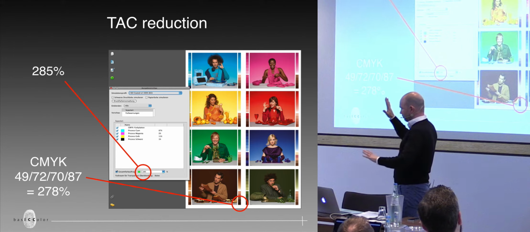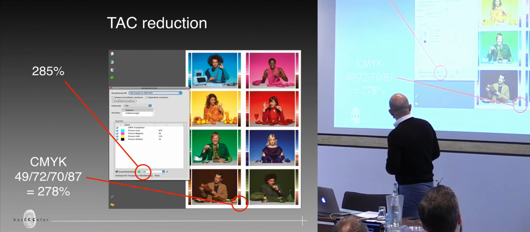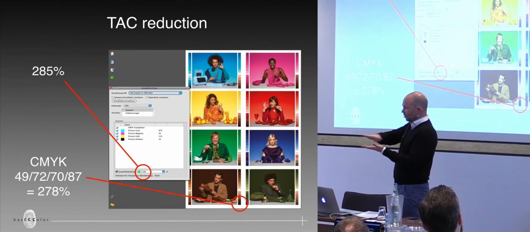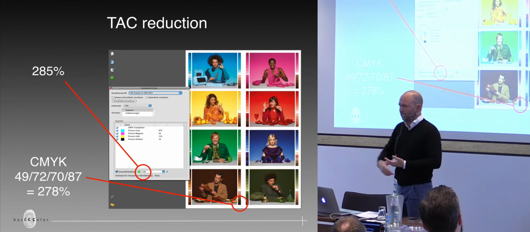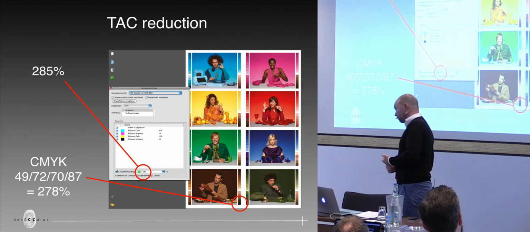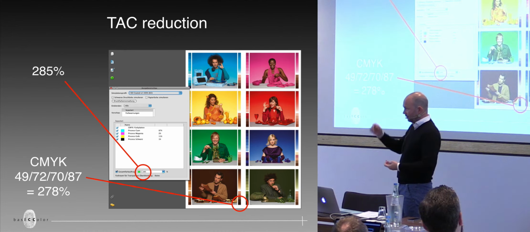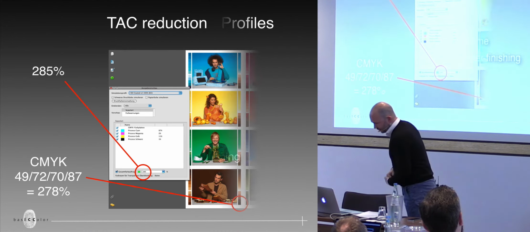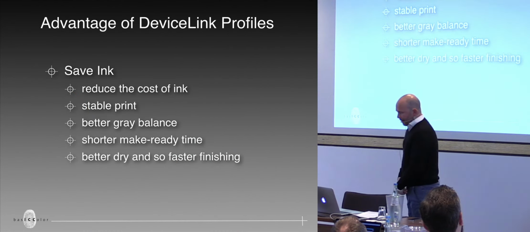And so the greenish area is not there anymore. So it's a big advantage for the printers. The powder is less on the output paper. They can go faster in the binding and cutting and stuff like that in the post-production.